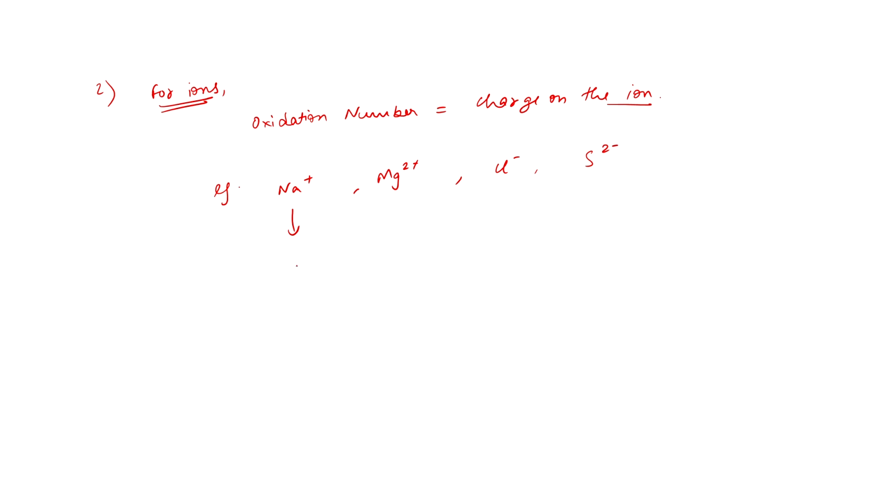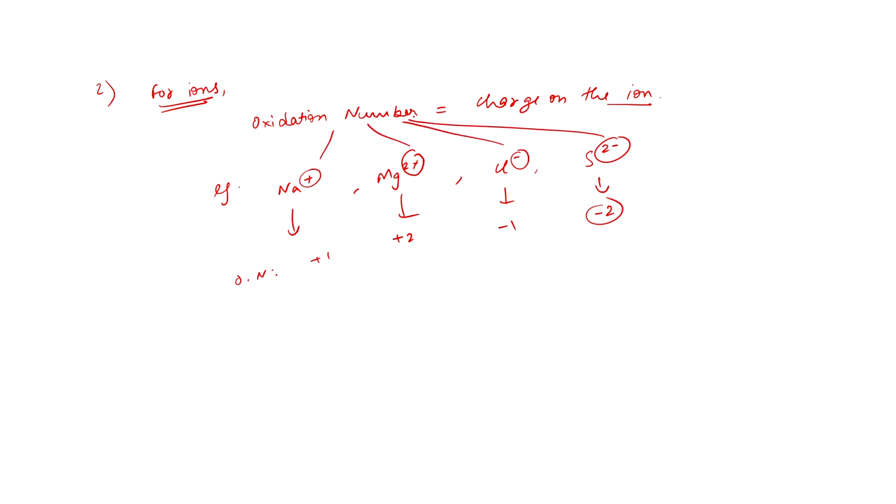So, for Na plus the oxidation number is plus 1, magnesium plus 2, because the charge on the ion is the same as the oxidation number of that element. For chlorine it is minus 1, for sulfur it is minus 2. This charge is nothing but the oxidation number, but this is just in the case of ions. For ions, the oxidation number is the same as the charge on that ion.